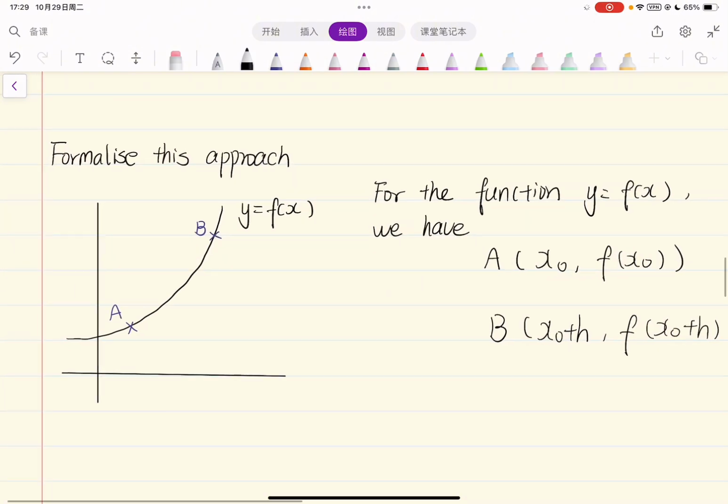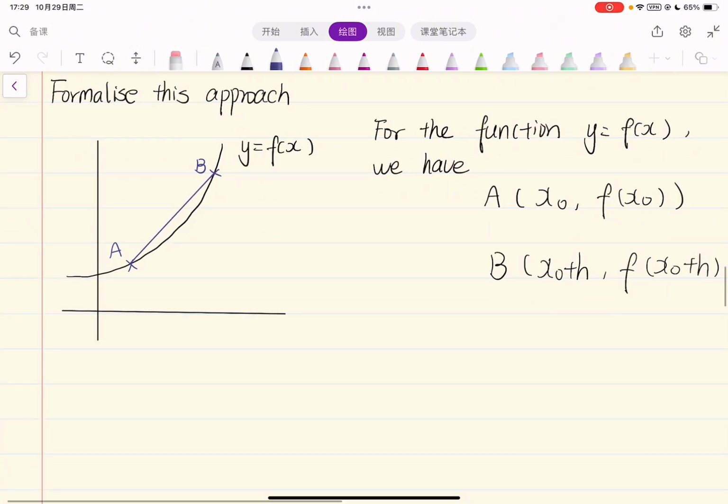Then let's link these 2 points by a straight line. So we have the chord AB.